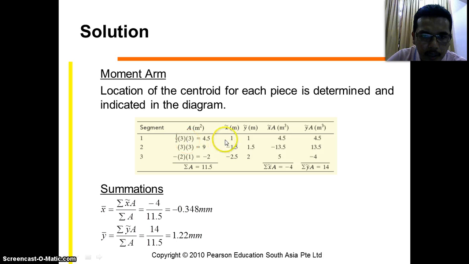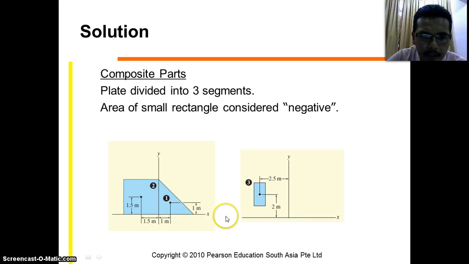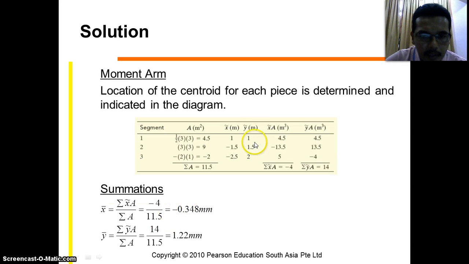For area 1, x bar is calculated from the origin x and y, 0, 0, to the point of the centroid of that particular area. This is the centroid for the triangle. The location is calculated from this point to the y axis, and this point to the x axis also. This point is 1, 1.